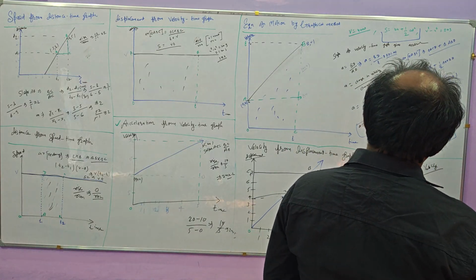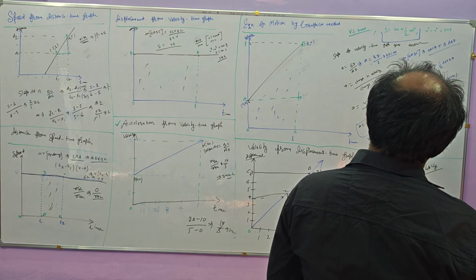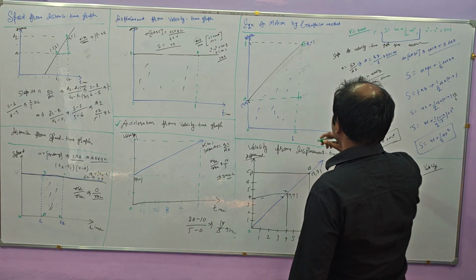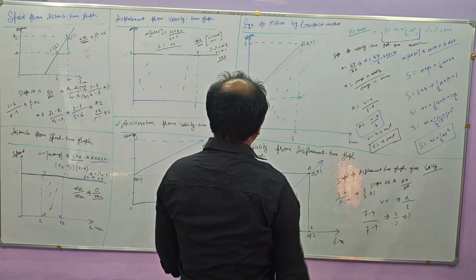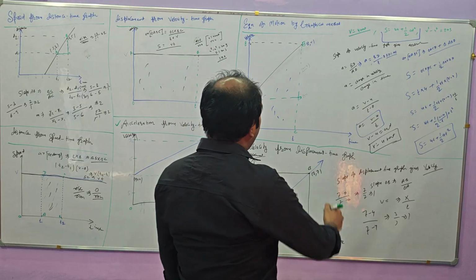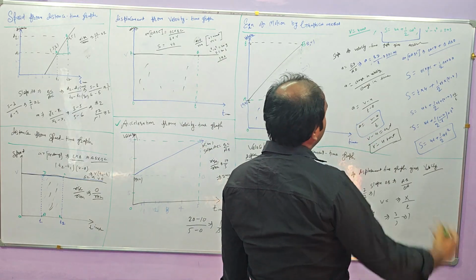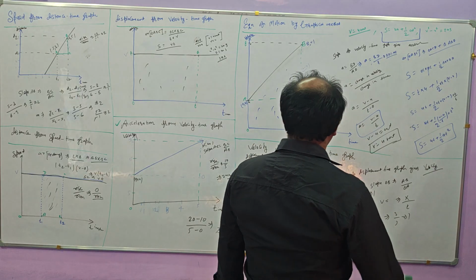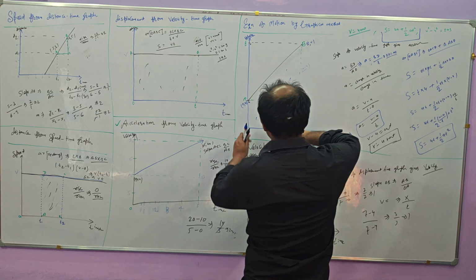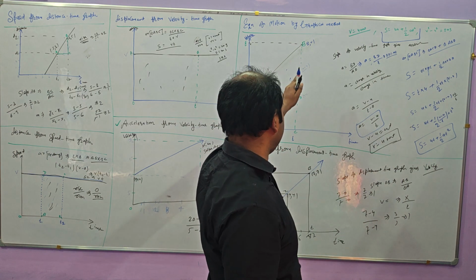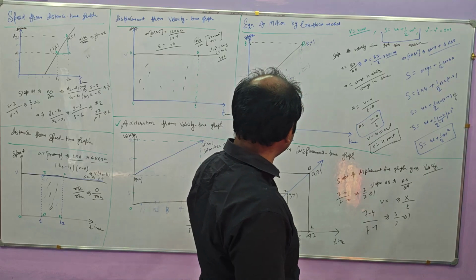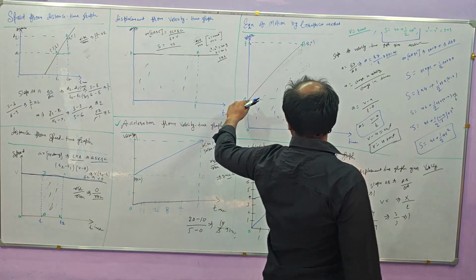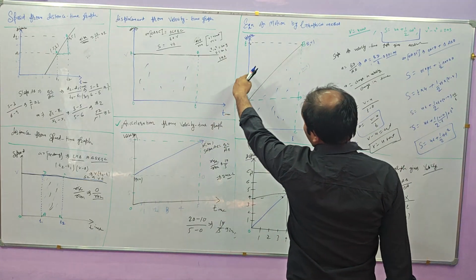Now we have the relation V square minus U square is equal to 2AS. We know this figure has a formula: half into the sum of parallel sides into the distance between them. We have parallel sides OA and BC. OA and BC are parallel to each other, but they are not equal because there is a difference in length.